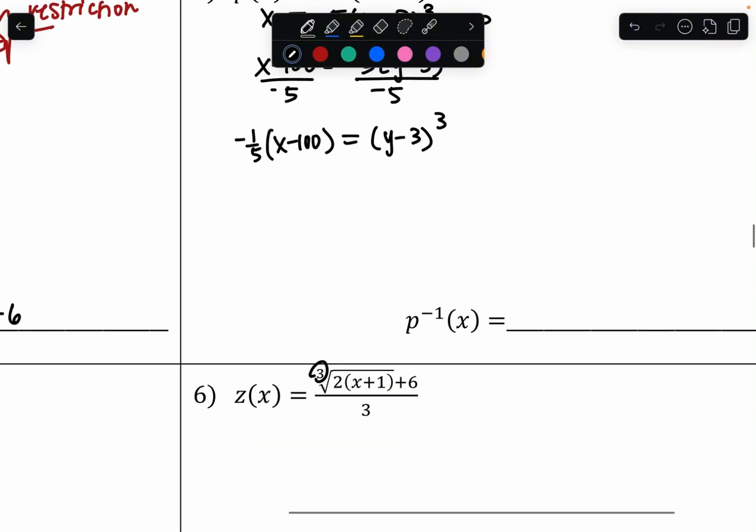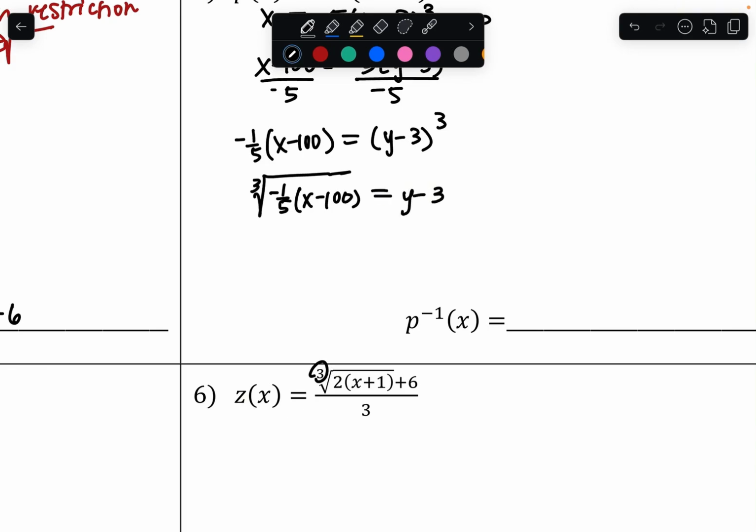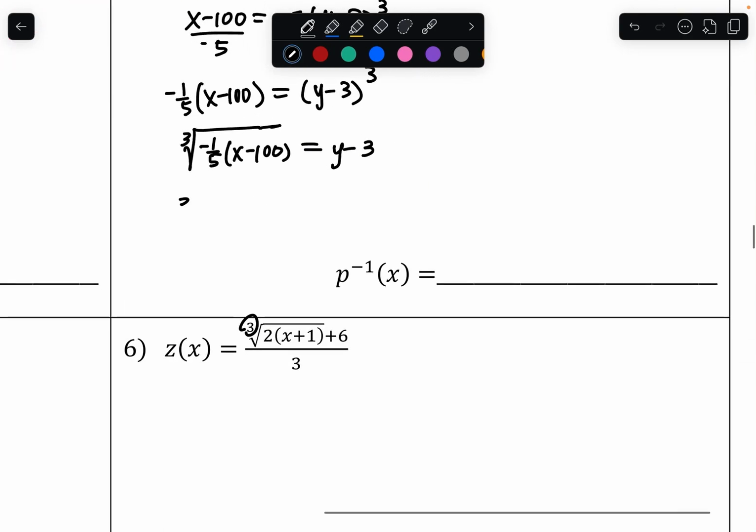Okay, now we're ready to cube root. Make sure all of the left-hand side is under that cube root. And then add 3 outside.